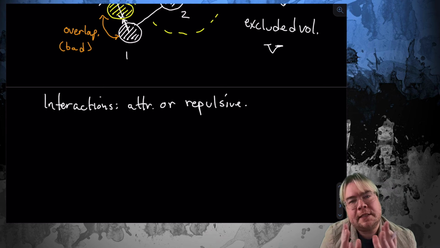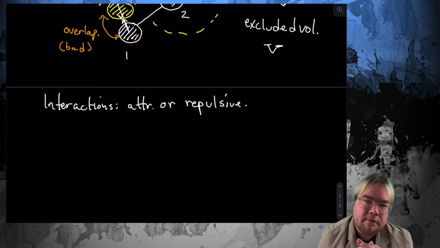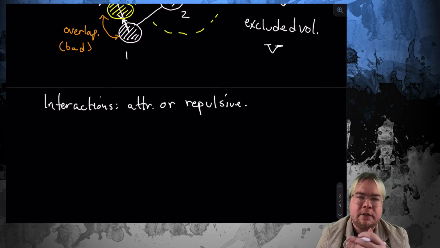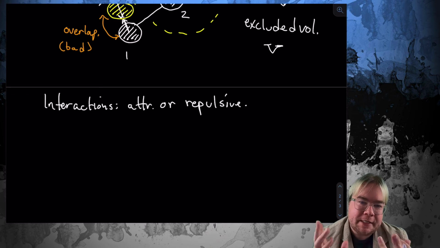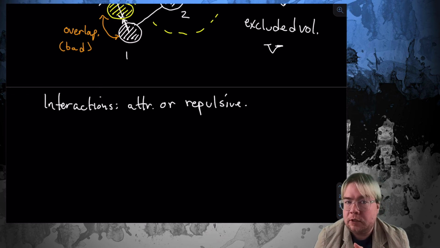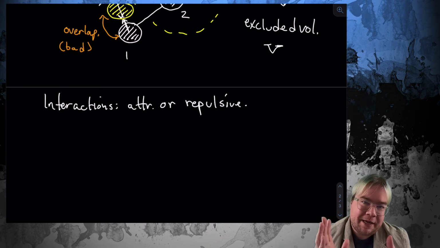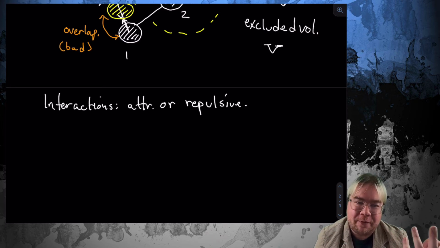And at very close distances, they're always going to be repulsive. So as you get to infinitely close distances, those interactions are going to be infinitely repulsive. And then at intermediate distances, they can be attractive, repulsive, or zero. Or you could think maybe the attractive part could balance out the repulsive part, or whatever. There's all kinds of cases to consider.